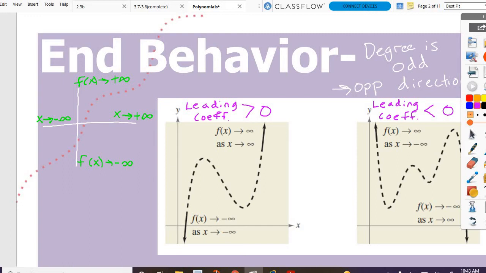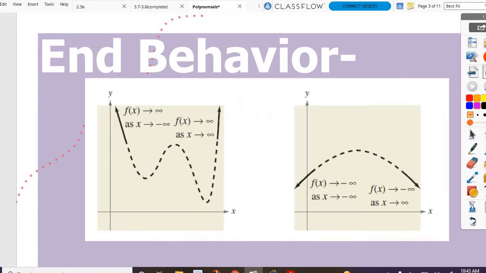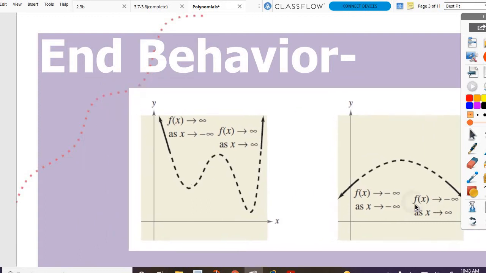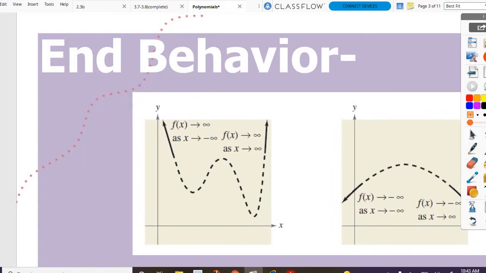So if my degree is odd, it means they go opposite directions. What does that mean about my even degrees? They're going to go the same direction. So even degrees point the same direction.